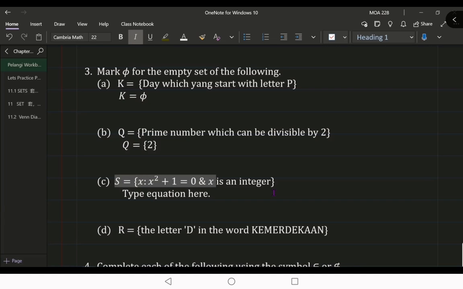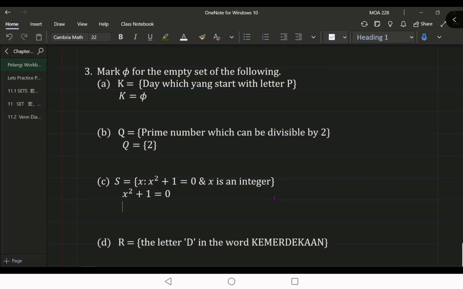This one maybe you don't understand, because you haven't learned about this one. How to do this one? Does an integer x exist or not? x squared plus 1 equal to 0. So we solve the problem.